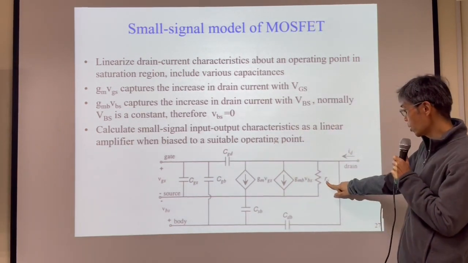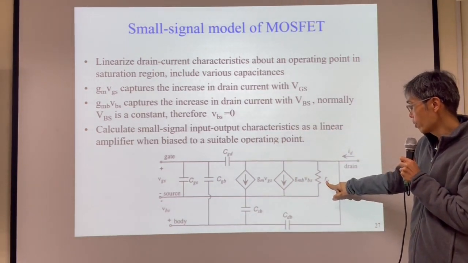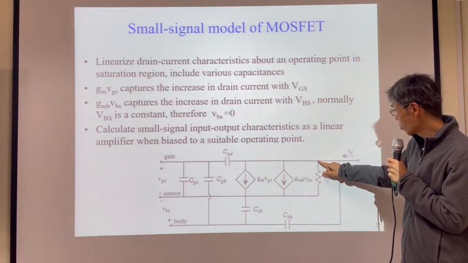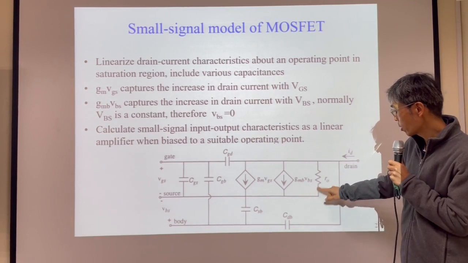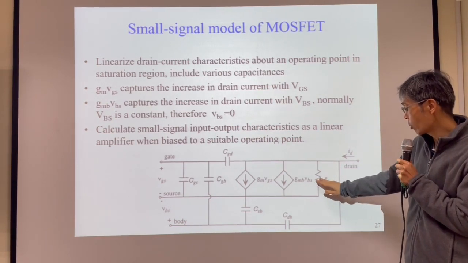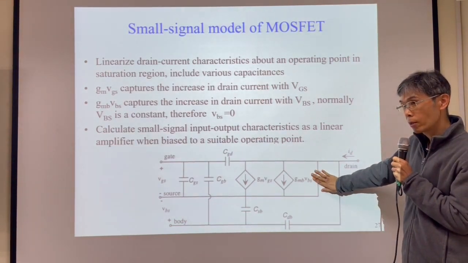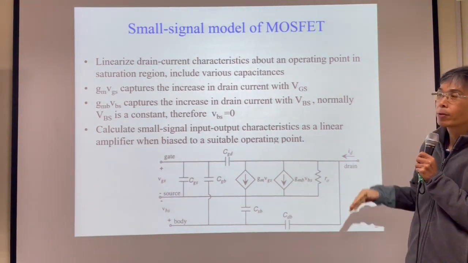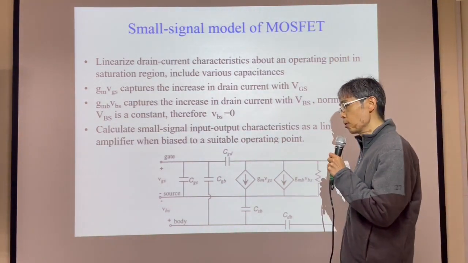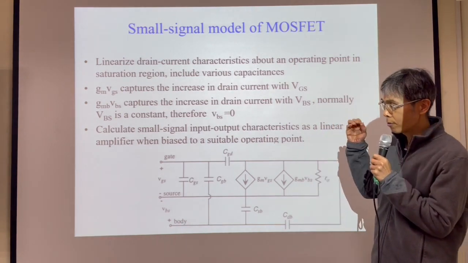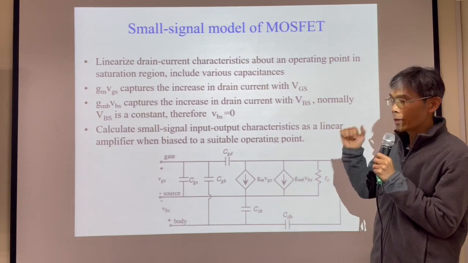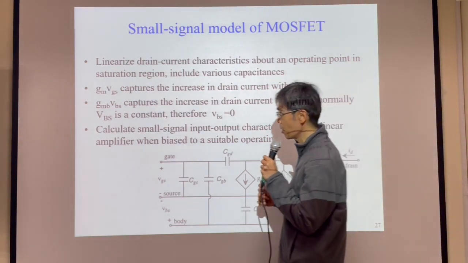And also this is the resistance to model from drain to the source. Sometimes you don't need to include this one, but sometimes you need to include it. It just depends how accurate you want to model the circuit behavior.